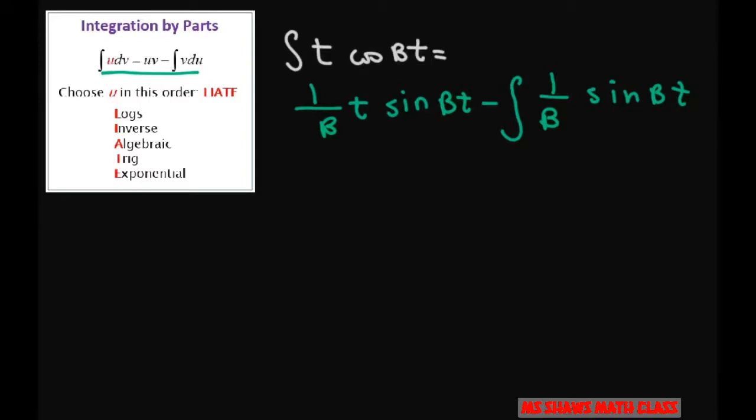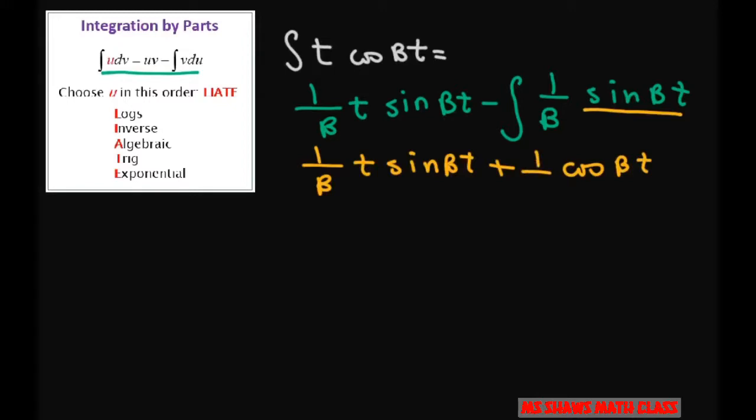Now simplifying this, let's write it again. 1 divided by beta times t sine of beta t, and then taking the antiderivative of sine of beta t, that's going to be a negative cosine. So two negatives make a positive cosine of beta t. But you have to put another beta here, so it's going to be 1 divided by beta squared.